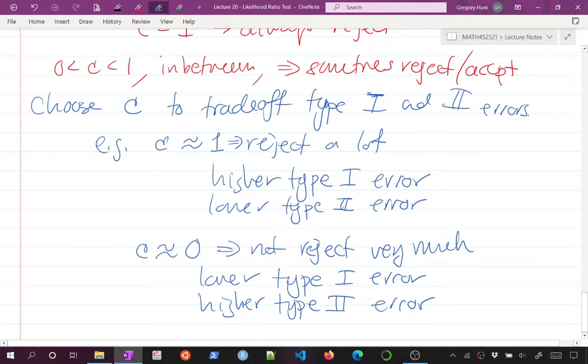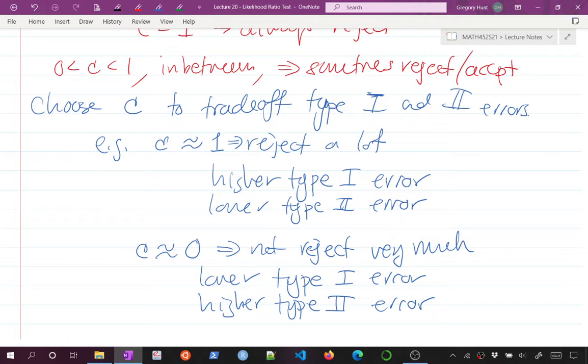So we're not going to incorrectly reject the null very often, so our type 1 error is controlled. But we're going to have a higher type 2 because when the alternative is actually true, we're not going to reject as often in that case. And so we're going to make a type 2 error when we should have rejected even though we didn't. And so that's the whole game: you choose your value of C to make the trade-off you want between your type 1 and your type 2 errors.